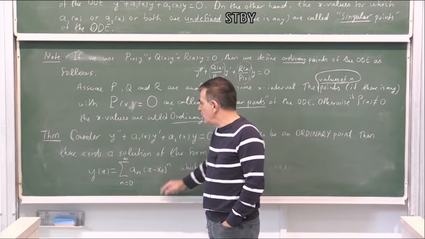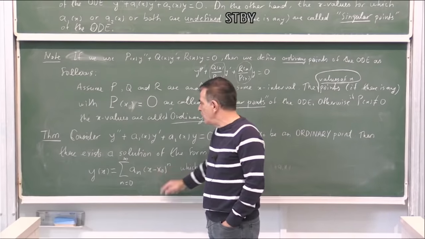Now, for some rho, where rho is the radius of convergence of that Taylor series. Now, question 1.